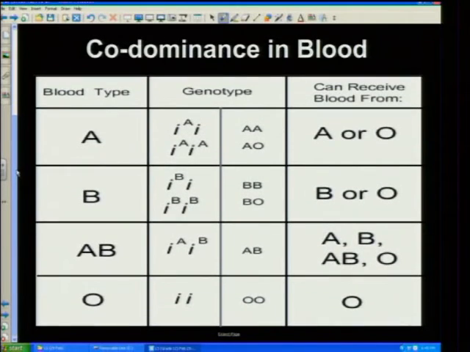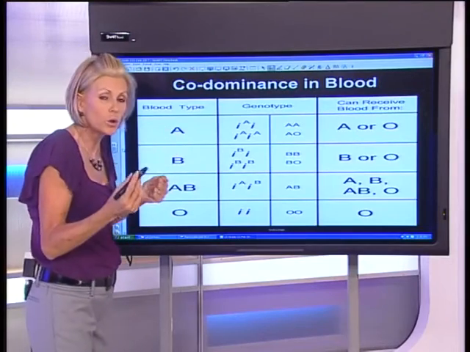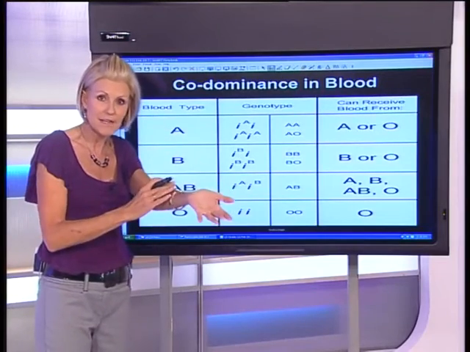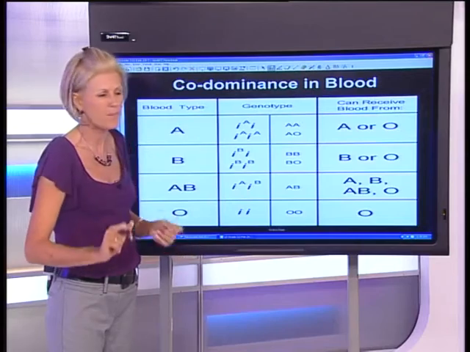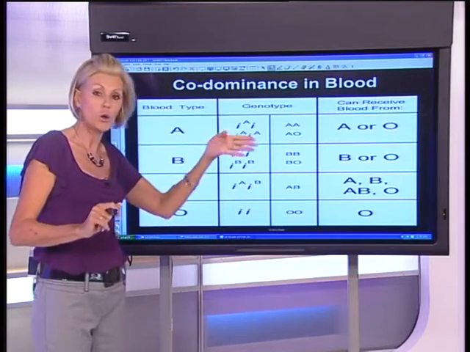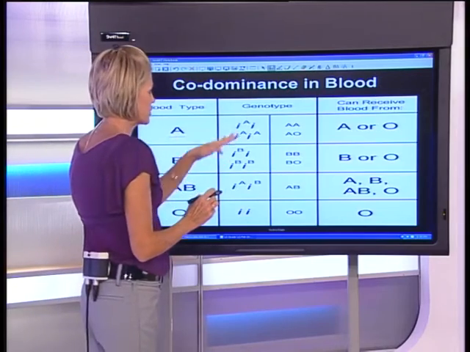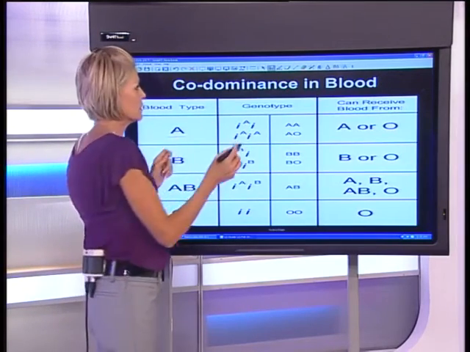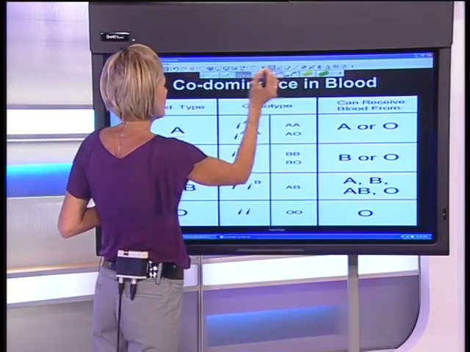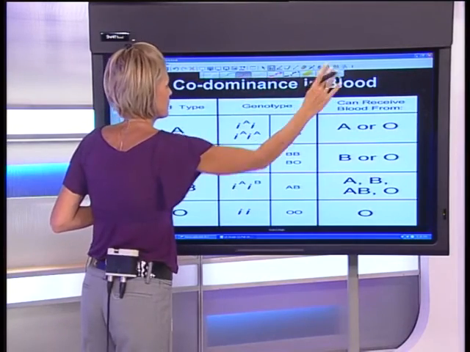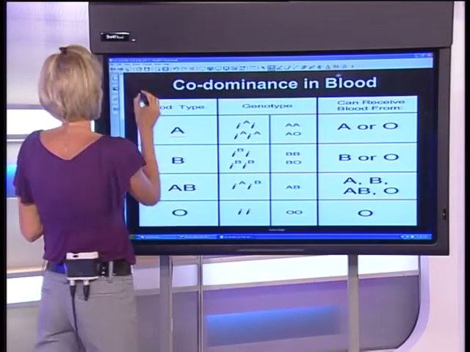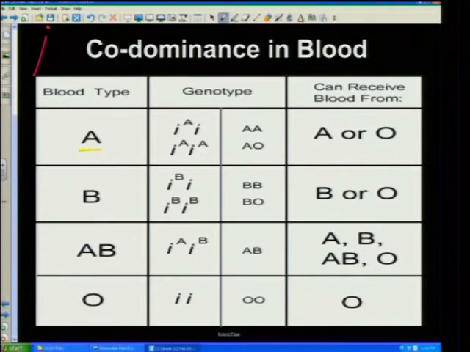Now, look how nice this is. I put this together for you as well. We've got blood types, what the hospital calls them if you take a blood test and they say, oh, you're blood type A, B, AB, or O. This is what it means. Blood type A is written like this. You put a little line with a little dot, and you put an A, and a little line.